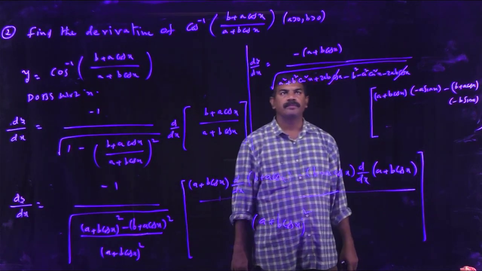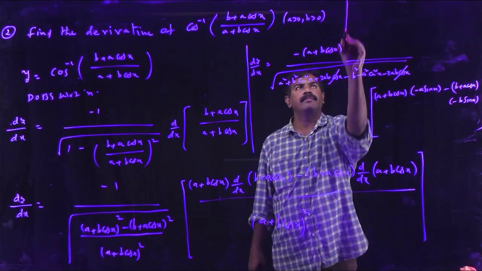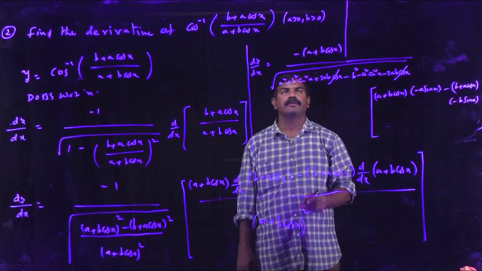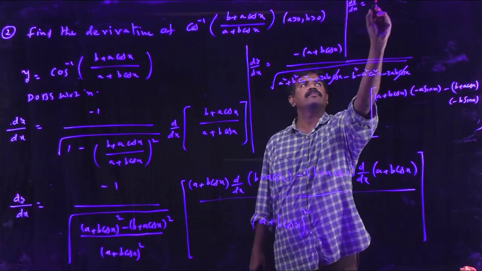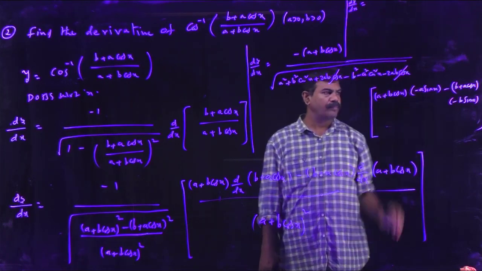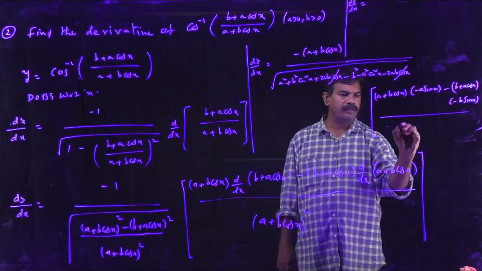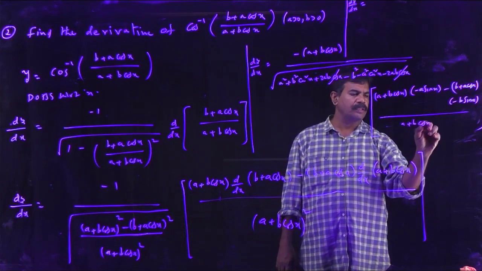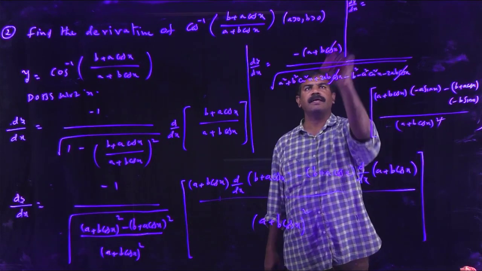Now, that is dy by dx is equal to minus of (a plus b cos x), here by is there, by (a plus b cos x) whole square, so automatically this cancels.